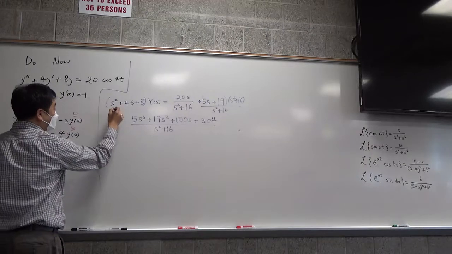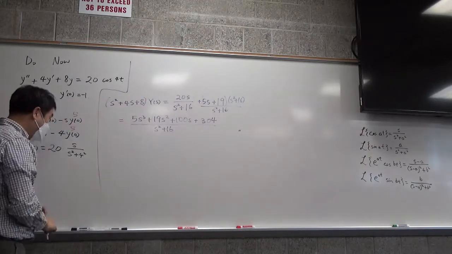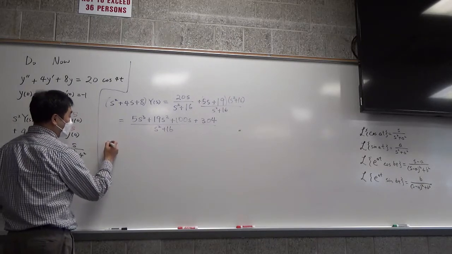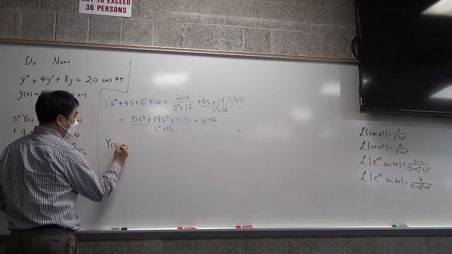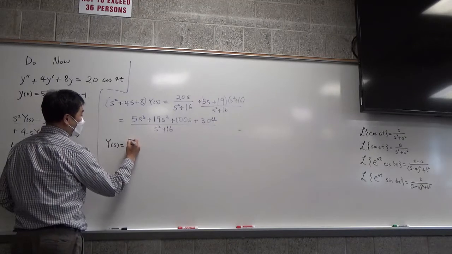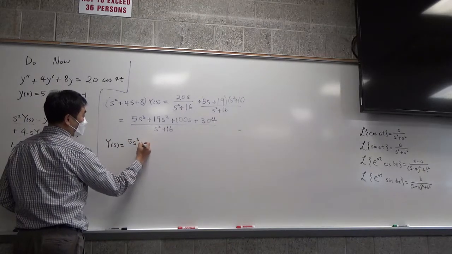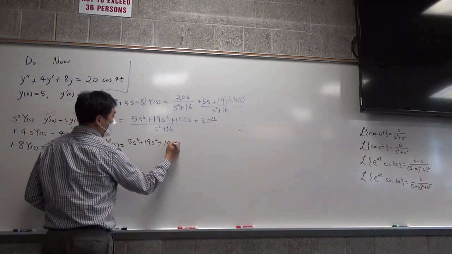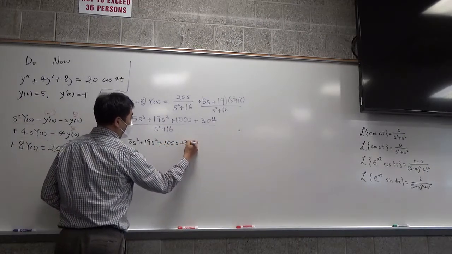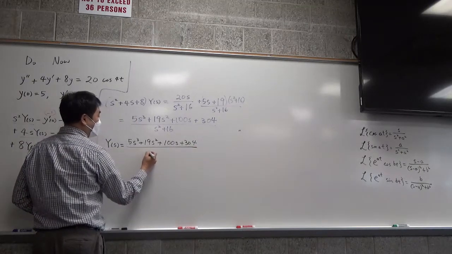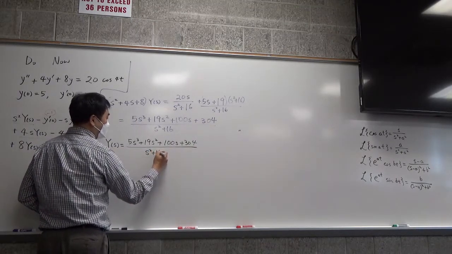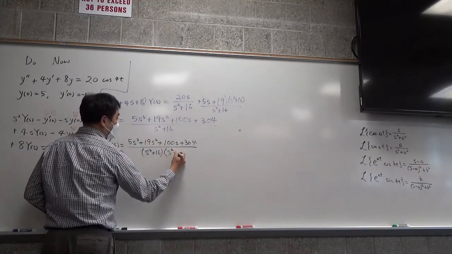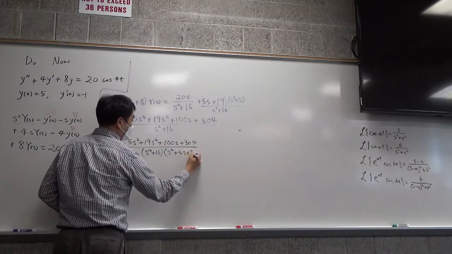And to this, I can divide by this in front. And as a result, I get Y of s equal to 5s cubed plus 19s squared plus 100s plus 304 divided by s squared plus 16, but you also divide it by s squared plus 4s plus 8.